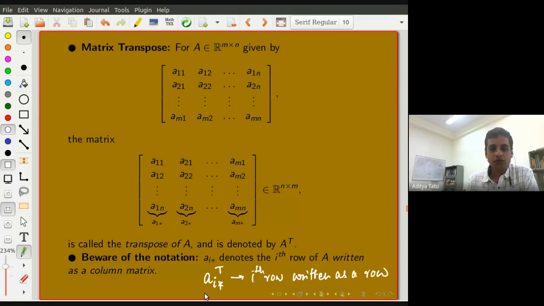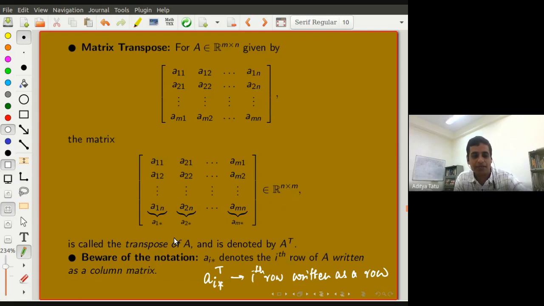I didn't want to write A1 star as a row matrix because then it will confuse you. So, at least in this course for my notations, unless there is a transpose, it will be assumed that you are writing the matrix or vector as a column matrix. My assumption behind choosing that notation is that it's going to reduce confusion. I hope that is valid.